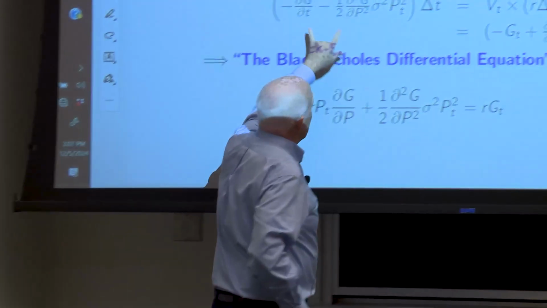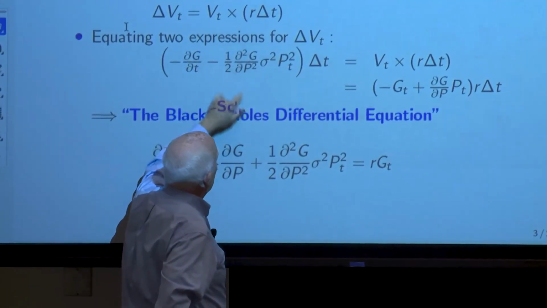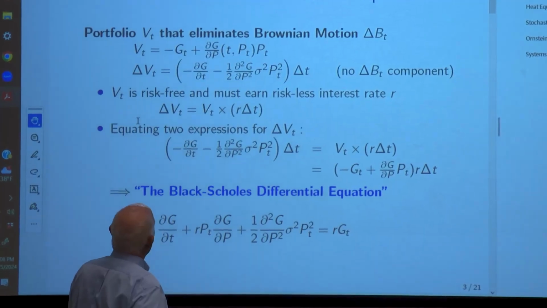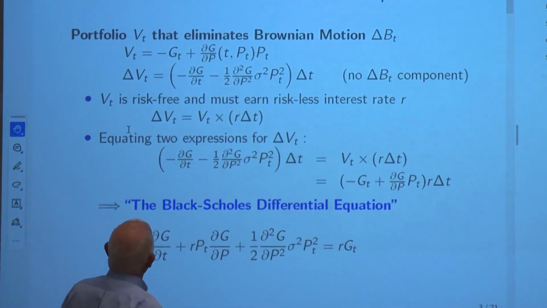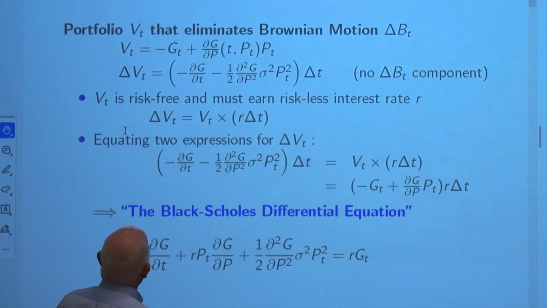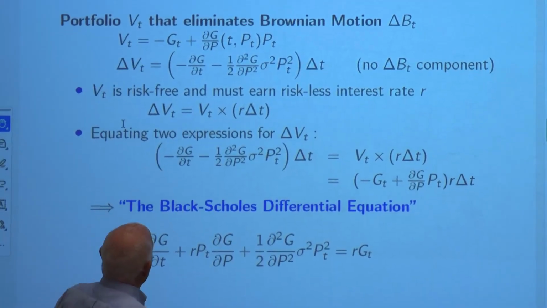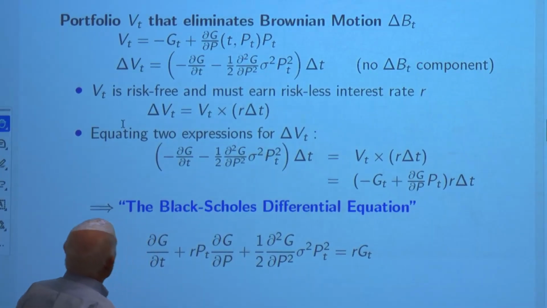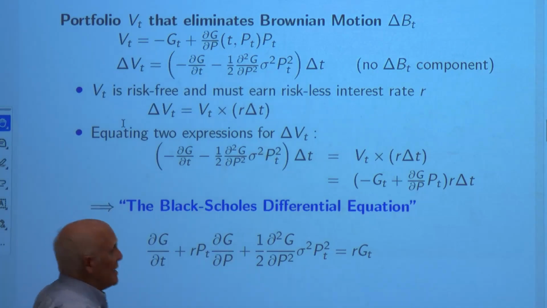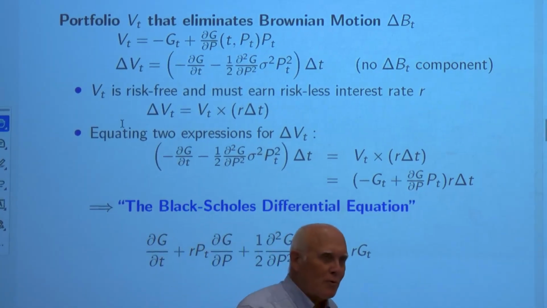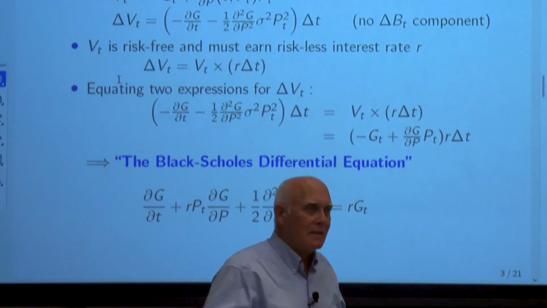So the expression for VT at the top, why is that over all T's? Okay, you're saying that VT equaling minus GT plus, okay, that's going to be the initial value of the portfolio at time little t.